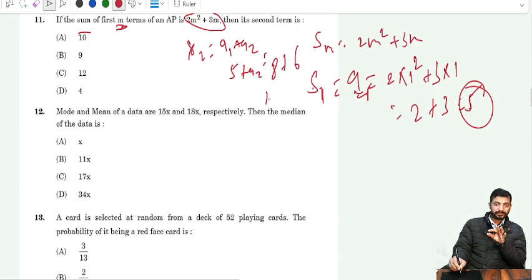So 8 plus 6 gives you 14. This 5 goes to the other side, minus 5, and so it gives you what? 9. 14 minus 5 gives you 9. So the correct answer is option B, 9.